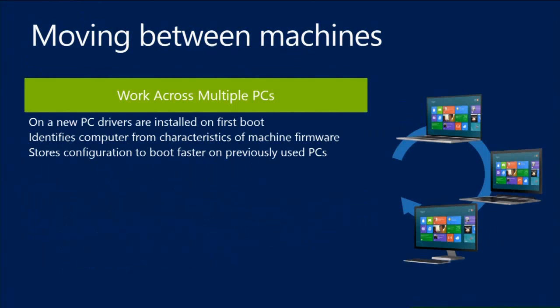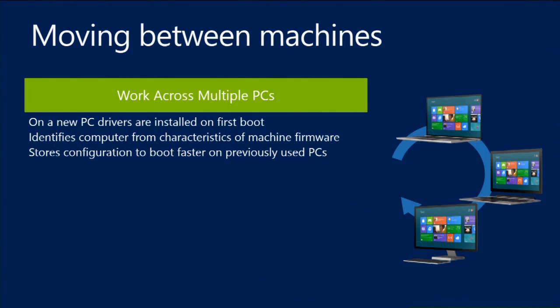As we move between machines here, and again, the demo is the nicest way to show this, we have that process called specialization. We had some questions about this, so I won't spend a lot of time here. But Windows To Go was created specifically to go through this new process.